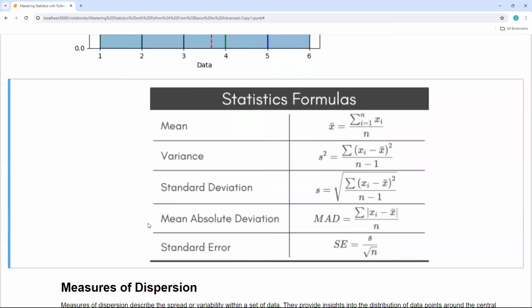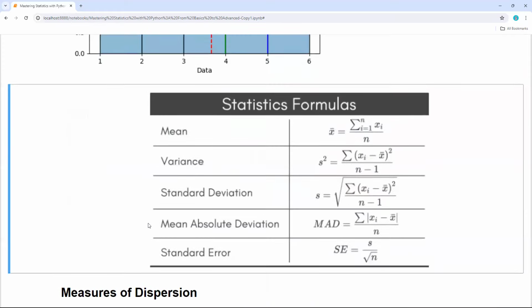If we are talking about statistics formulas, the mean is sigma i equals 1 to n of xi divided by n, which is the sum of all the data points from 1 to n. If I have n data points, it is calculated from x1, x2, x3, x4 till xn, divided by the number of data points, and x bar is the mean value.